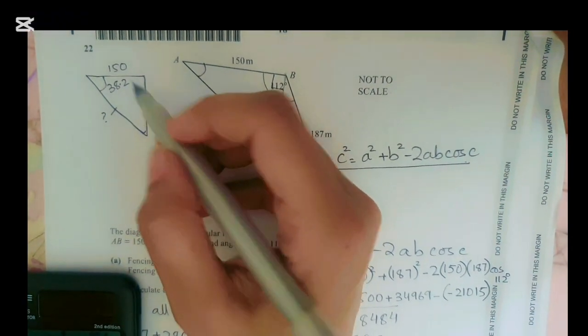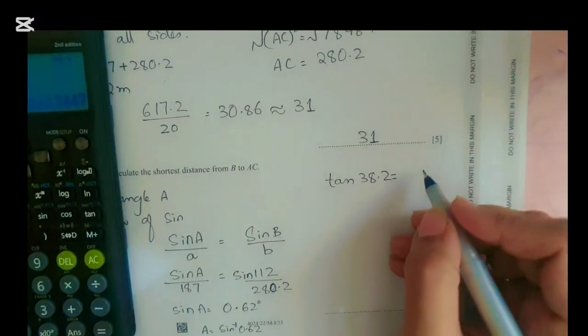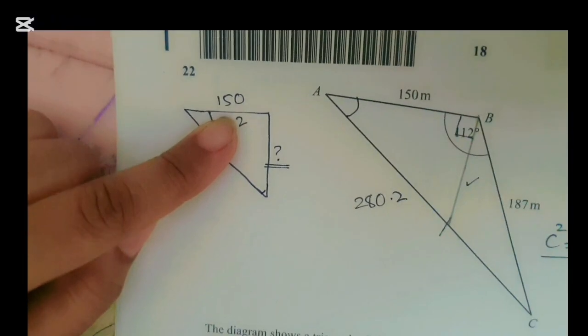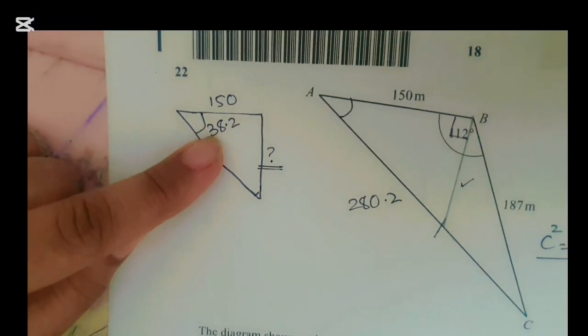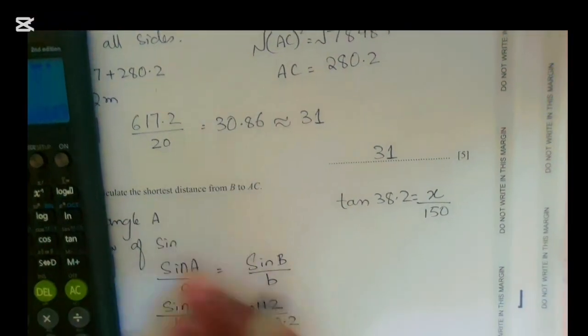So tan 38.2 is equal to opposite upon adjacent. Opposite we don't know, that is x, and adjacent is 150, or perpendicular upon base, both are correct.